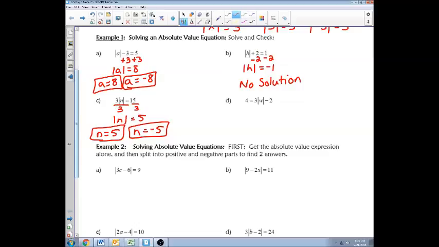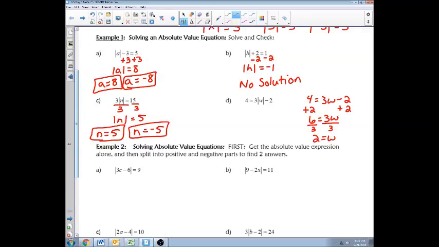On to D. The first step in this case, I have 3 times the absolute value of w minus 2. If I treat that just like if it was written as 4 equals 3w minus 2, my first step would be to add 2, right? So I'd get 6 equals 3w, divide by 3, and 2 would equal w.